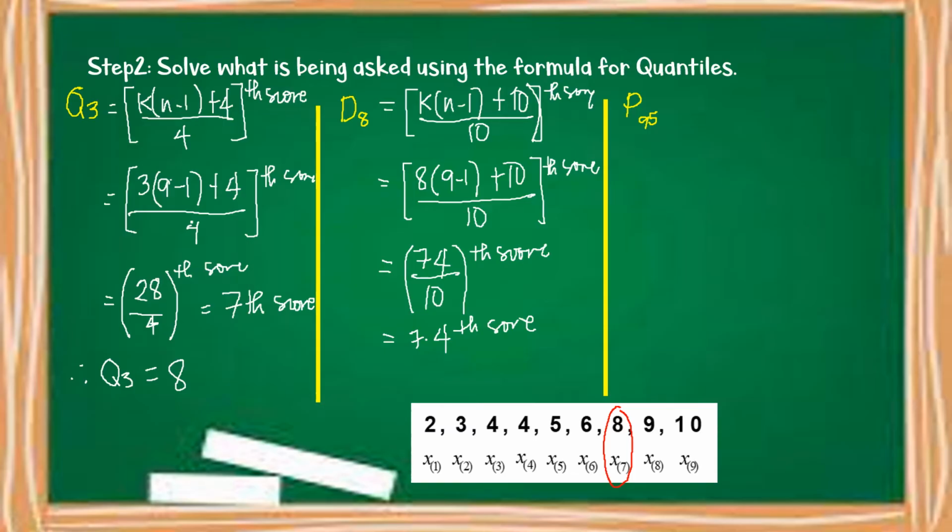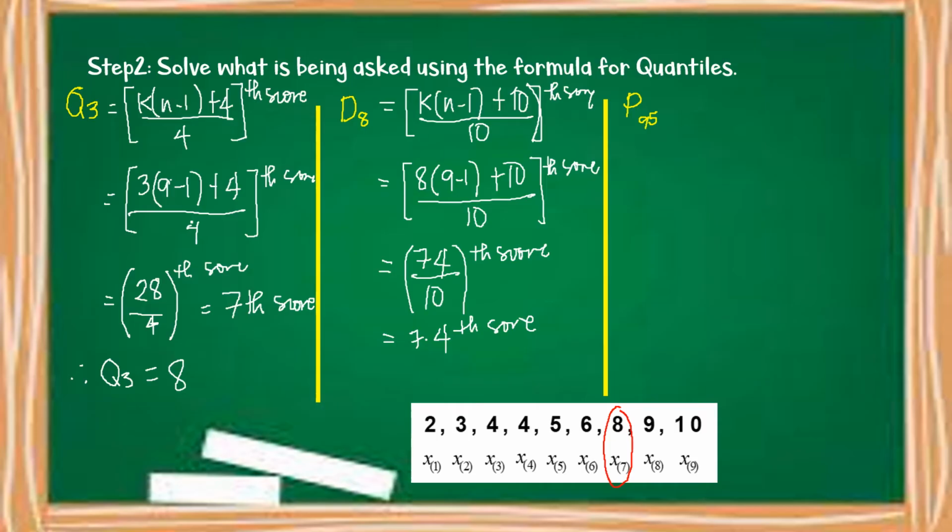Then, what is the 7.4 score here in our given? In this case, we do not have 7.4 score here in a data set. So what you need to do is, of course, the whole number is the 7th score.